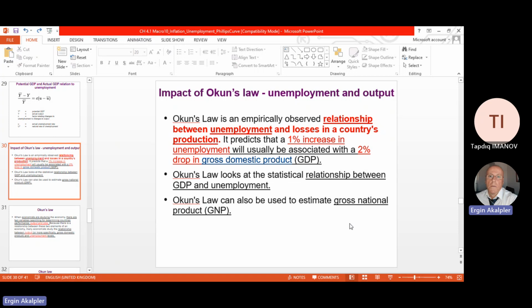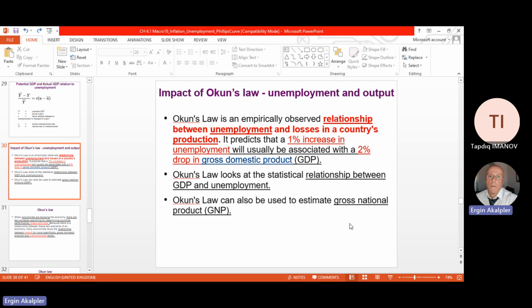Therefore, Okun's law describes a relationship between unemployment and production, and it predicts that a 1% increase in unemployment will cause some 2% drop in the gross domestic product.